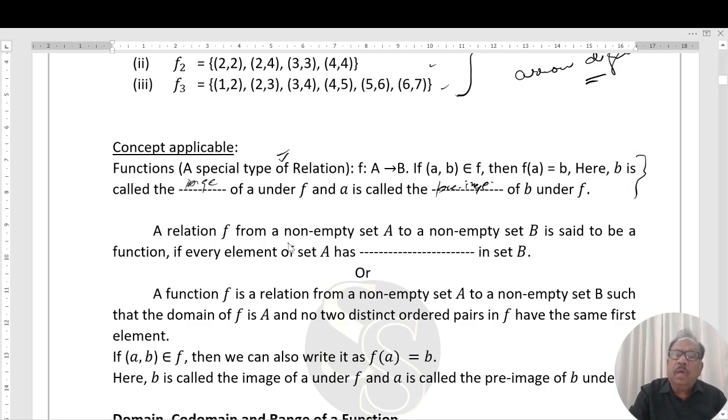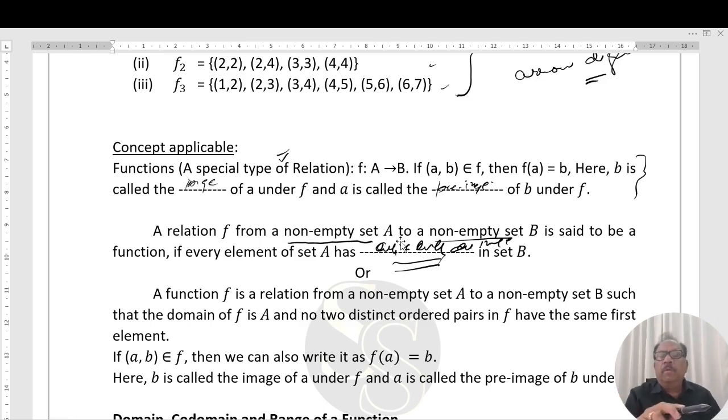Again, I am writing non-empty set, right? A relation F from a non-empty set A to B is said to be a function if every element of set A has only and only one image in set B. This is to be noted: only and only one image in set B, right?